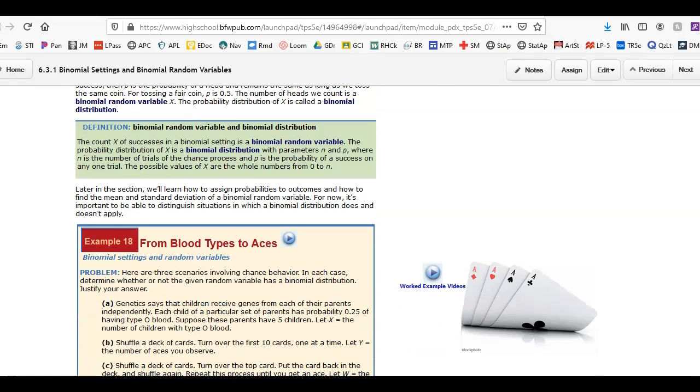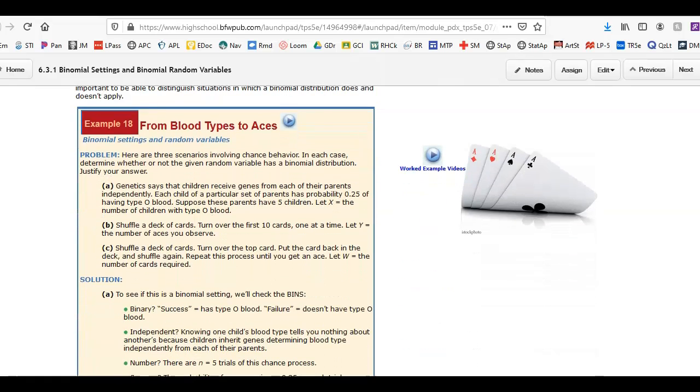So if we take a look at this example here, they want to know, are these binomial random variables? So we have blood type. We have 5 children. X is the number of children with type O blood. So success is having type O blood, failure is not having type O blood.